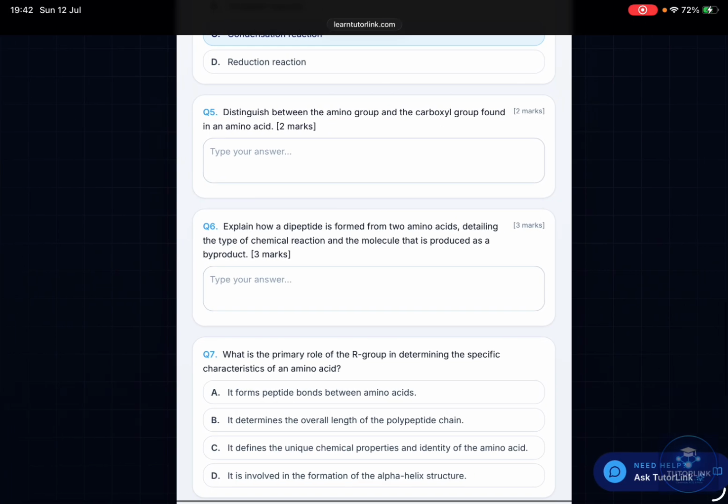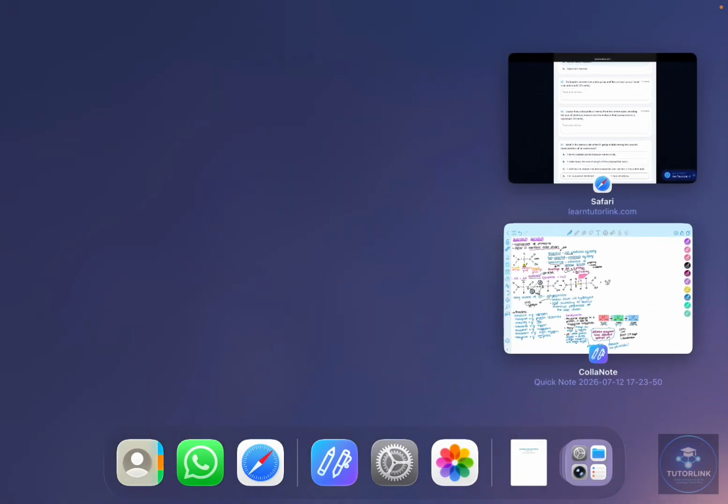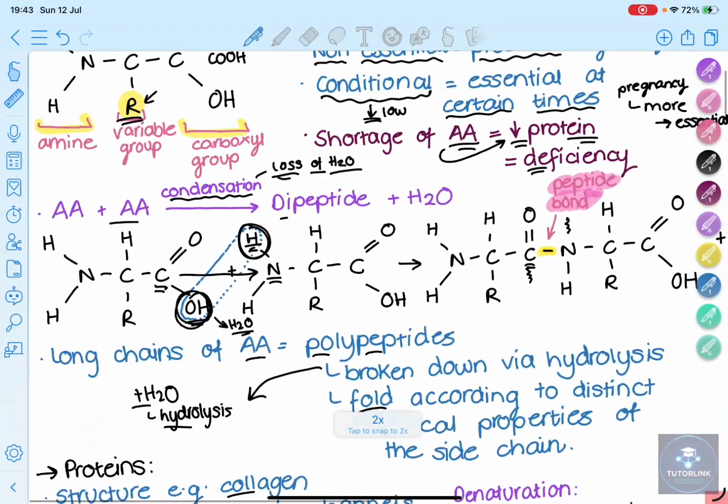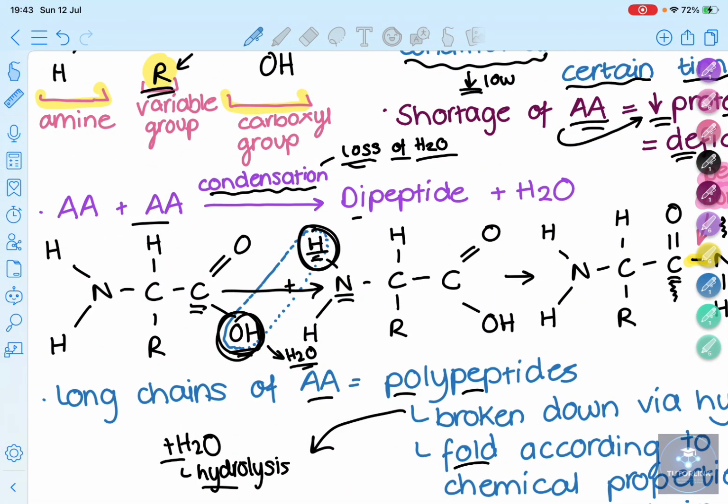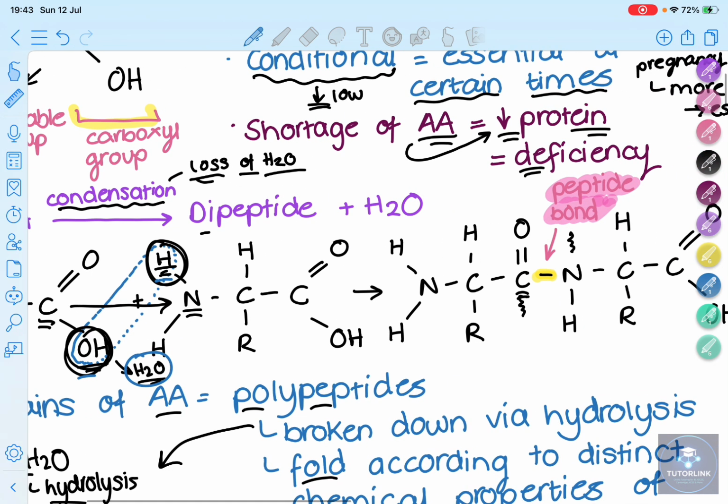Explain how a dipeptide is formed from 2 amino acids, detailing the type of chemical reaction and the molecule that is produced as a byproduct. You would describe this condensation reaction, where the hydrogen of the amine group combines with the oxygen of the carboxyl group to form water.